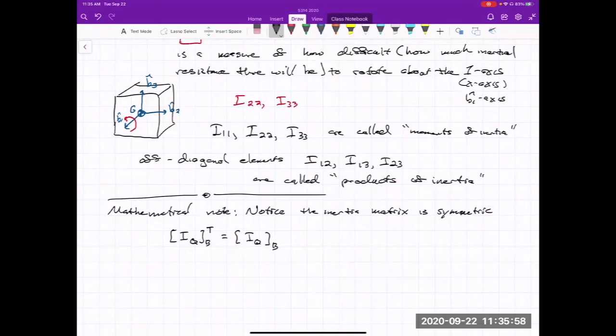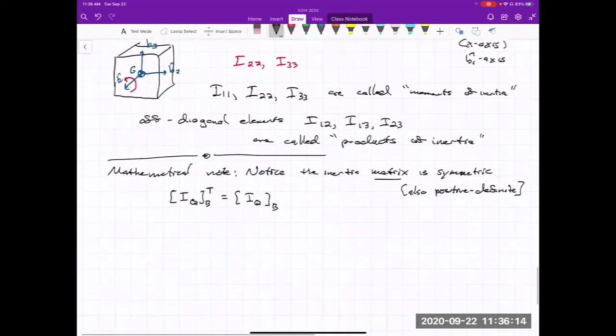So it is a symmetric matrix. It also happens to be positive definite. Left as an exercise to figure out what all that means. But it's good to know. We will use the fact that it is a symmetric matrix to simplify things.